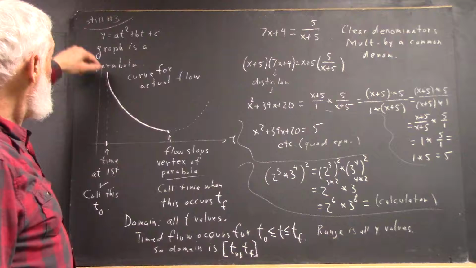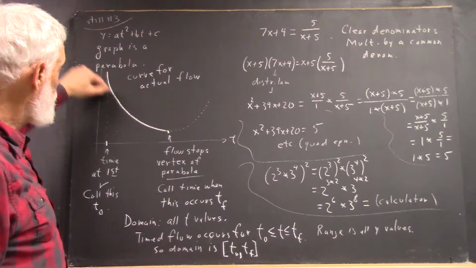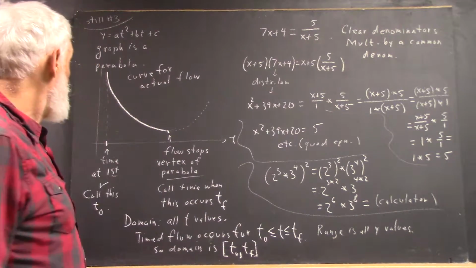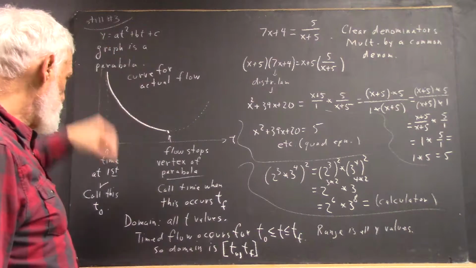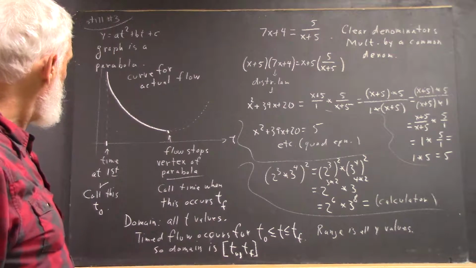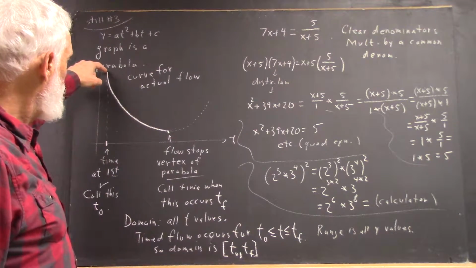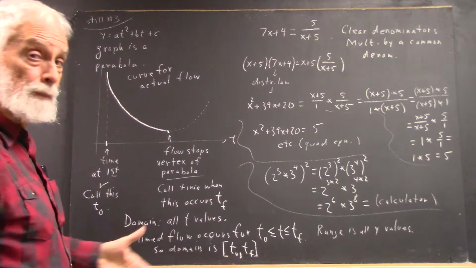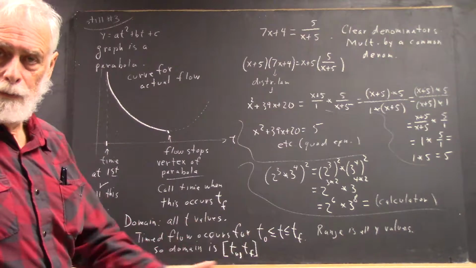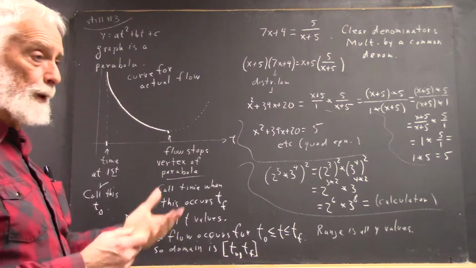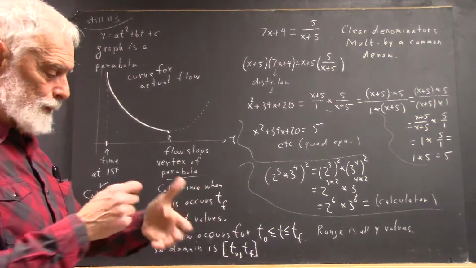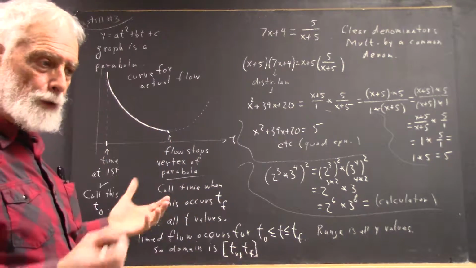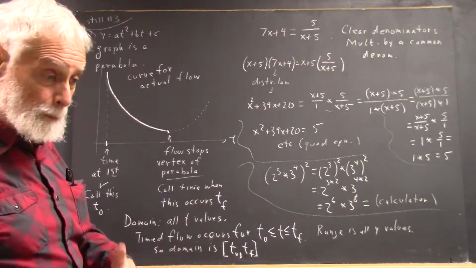Okay, so anyhow, the curve for the actual flow is going to look much like this. It's probably not going to be as steep as this. I didn't draw it very well, but you get the idea. So the actual flow would go from some initial time, which we'll call t sub 0, and that depends on how you made your marks when you started, how many tick marks you made, how many check marks you made, and where you made the check marks.